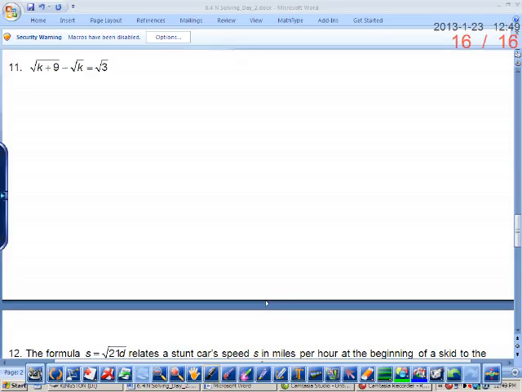What would we have to do here? We're going to have to square everything. Yeah? It's not going to be pretty, but we can handle it. Because when you square this, can you just say that's k plus 9 minus k? Nope. You have to double distribute.